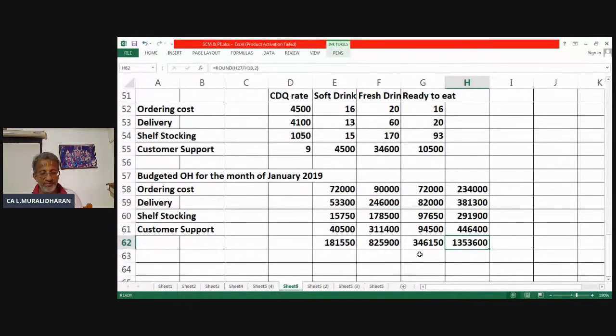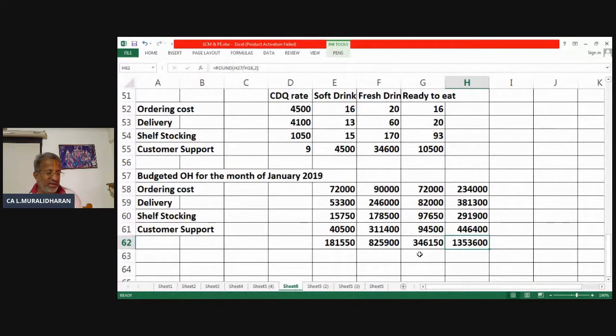Look into the question. Compute the budgeted cost for each activity in January 2019. Discuss the advantage of activity-based budgeting. So whatever we do in the case of activity-based costing will be taken up as the advantage. That we got to do. So don't expect me to explain the advantage of activity-based costing in a crash course.